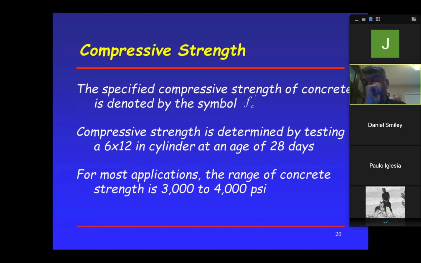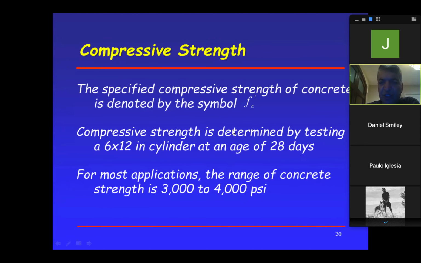It's going to be on every plan you see out there. This is the compressive strength of concrete. When we say I need 4,000 PSI concrete, that means f'c is 4,000. That means at 28 days from pouring this concrete, the compressive strength of it is going to be 4,000 PSI. All right? The specified compressive strength of concrete is denoted by the symbol f'c.